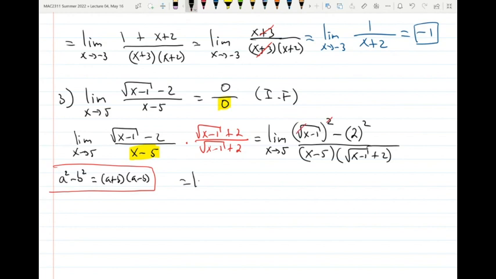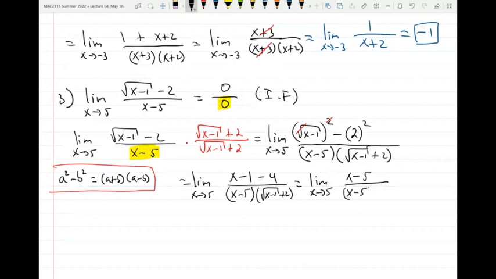So we get here the limit as x approaches 5. So now on top we get x minus 1 minus 4. And indeed, now we can see that the x minus 5 is going to pop up. So combining like terms, we get x minus 5 in the top, which now we are allowed to cancel.